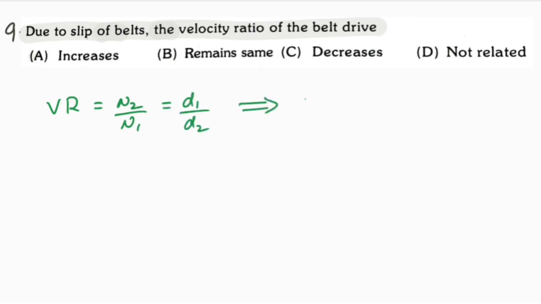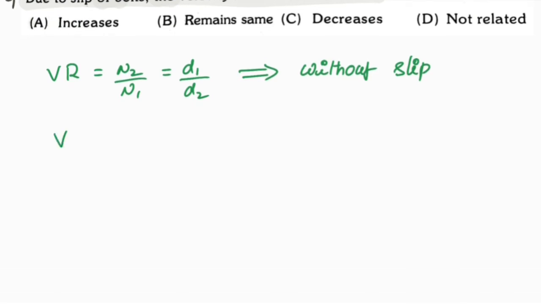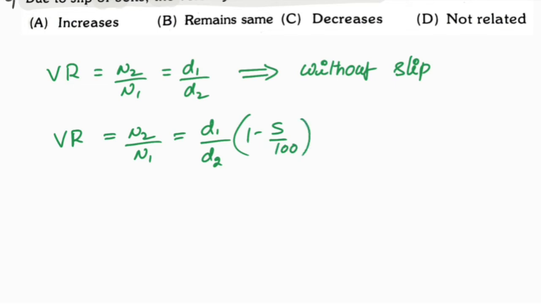This is the formula without slip. By considering the slip, velocity ratio N2 by N1 equals D1 by D2 into (1 minus S by 100). This is with slip.